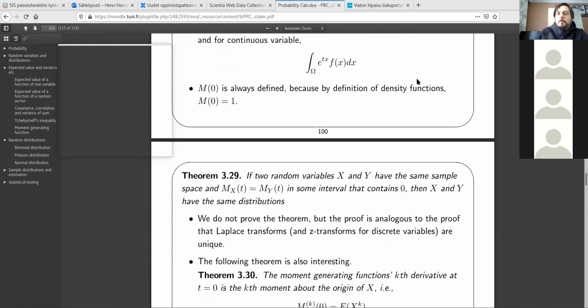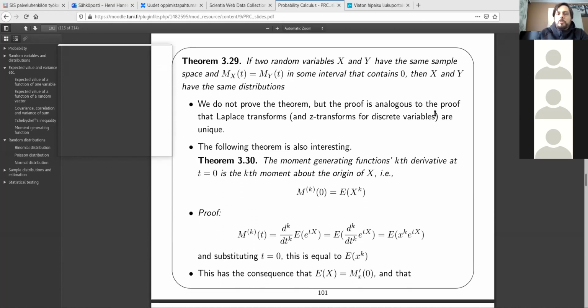Why this is important is that if two random variables have the same sample space and they have the same moment generating functions on some interval that contains 0, then the distributions are the same. We don't prove this theorem, but you can think of this as the Laplace transform for distributions.